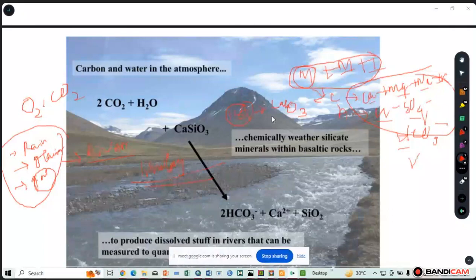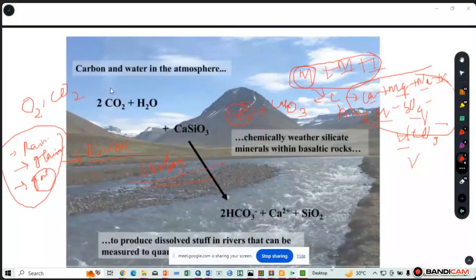The water interacts with that parent rock, and after the breakdown, it gets dissolved. After it is dissolved, the calcium ion gets released into the surface water or groundwater.